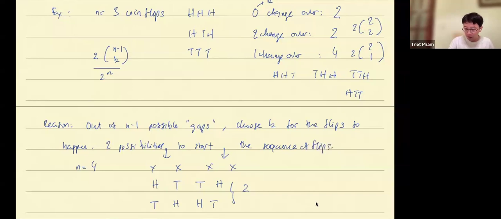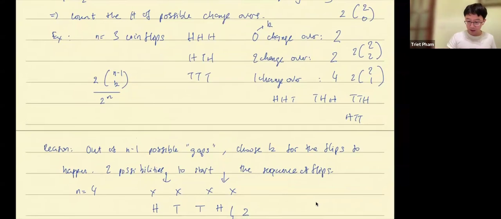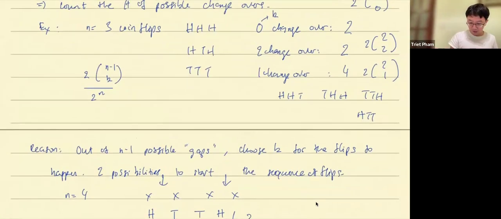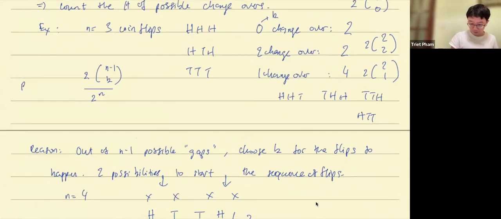Because once you decide what the starting flip is, then by deciding where the changeovers happen, the whole sequence of coin flips will be determined. And that's why it's 2 times n minus 1 choose K over 2 to the n. And that's exactly the probability of K changeovers in n coin flips.